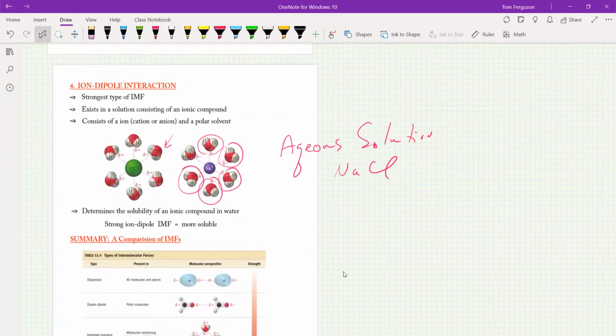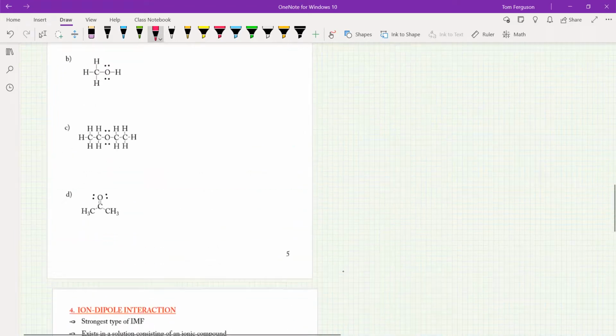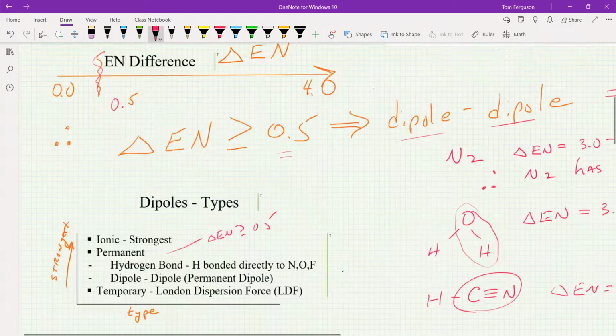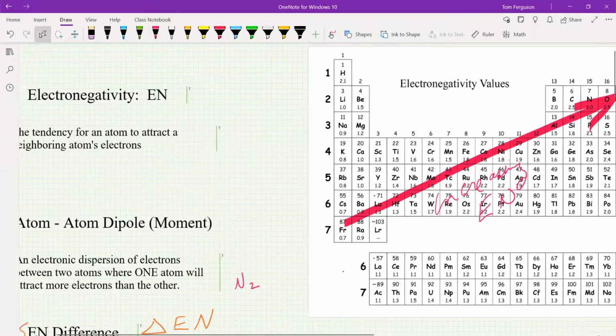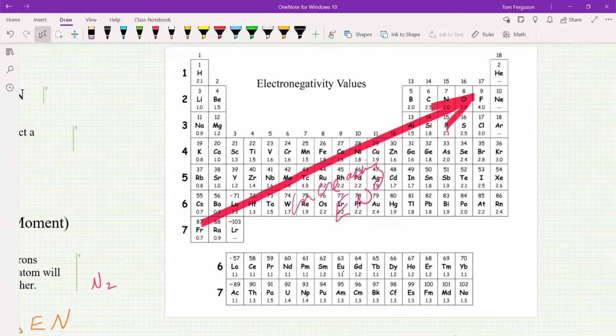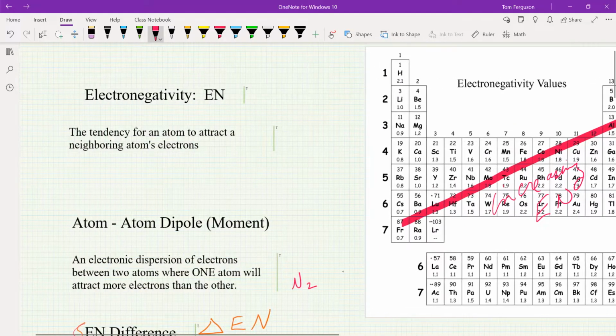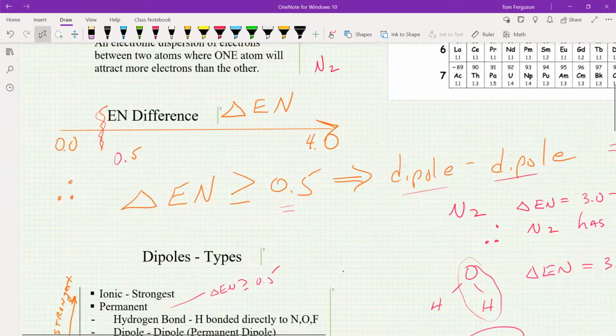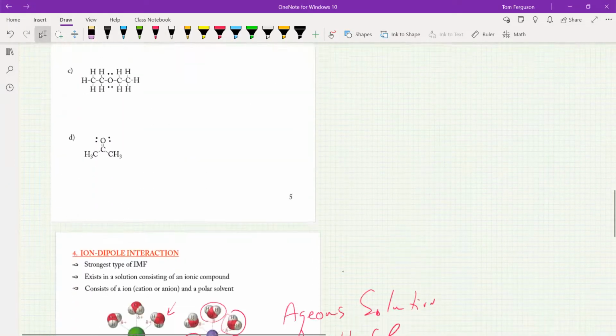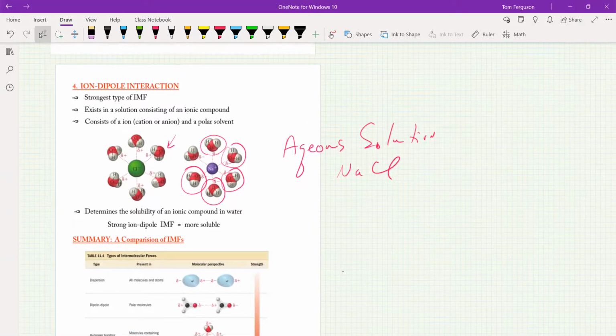And we have chloride, which is strong to start with, and then it becomes ionic, so it becomes even stronger. So very, very strong molecules in this ion-dipole interaction.